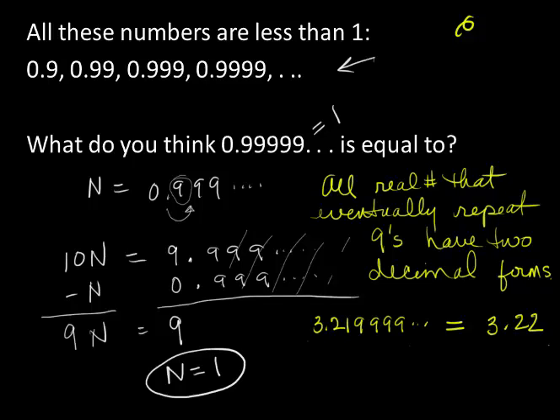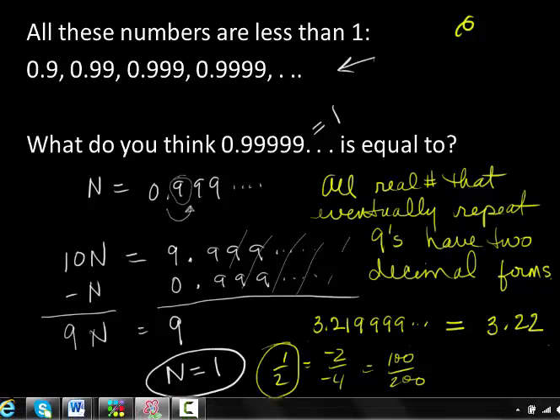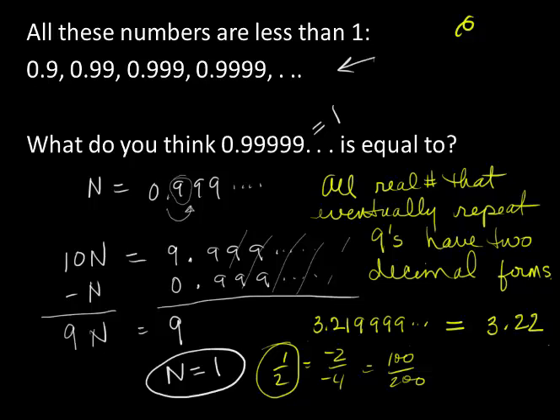We know that as a fraction, you can write something like 1/2. We could write it as -2 over -4. We could write it as 100 over 200. There are infinitely many ways to write this number as a fraction. And as a decimal, that particular number has only one way to write it. Well, no, there isn't. It's a terminating decimal, so 0.5 is the way we would choose.